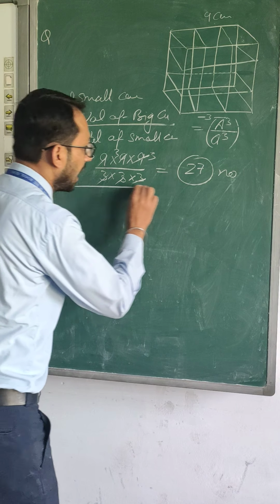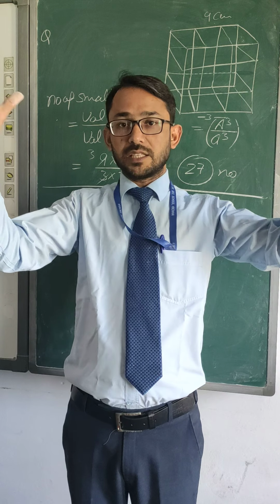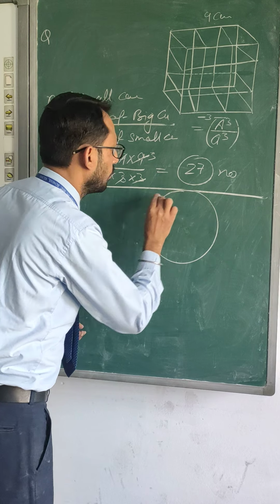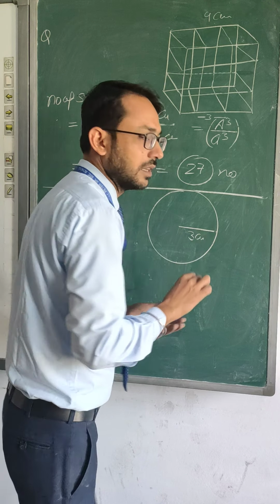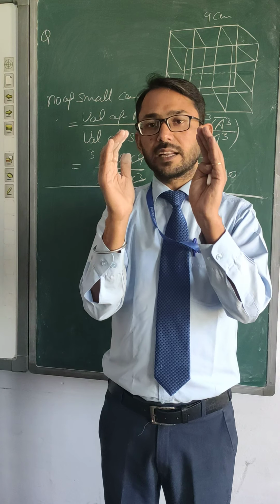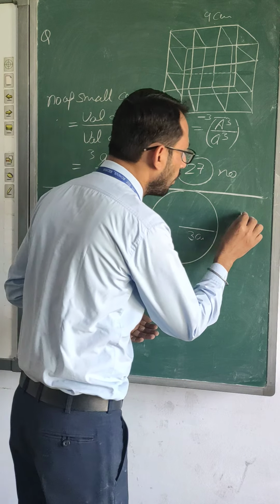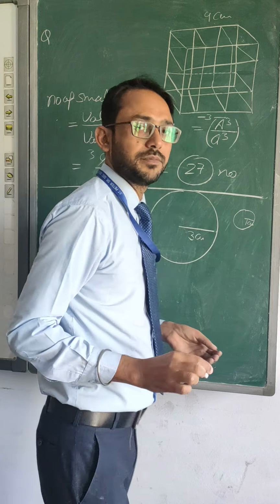Same question they may ask us: there is a big sphere of radius 3 centimeter, and a small sphere of radius 1 centimeter.